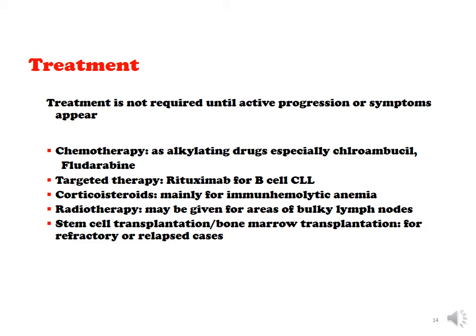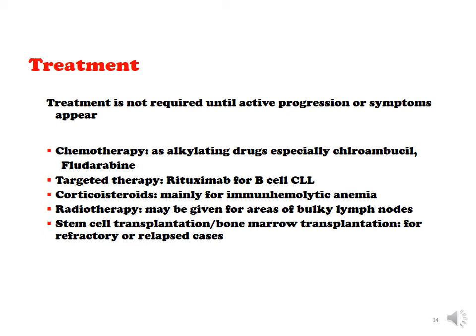Then, if the patient is indicated for treatment at the start or later in the disease, what's going to be our treatment? CLL is not a curable disease, so we have to adapt the strategy according to the patient's age. It's a common disease in the elderly, so there is a strategy of slow go, or go go, according to the age of the patient, and you adapt your treatment protocol.